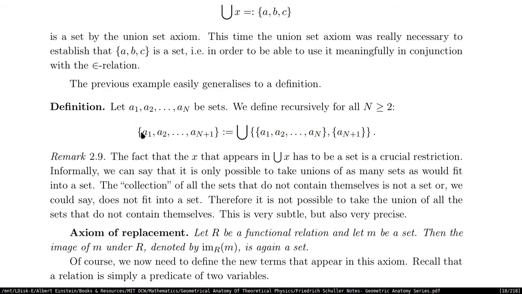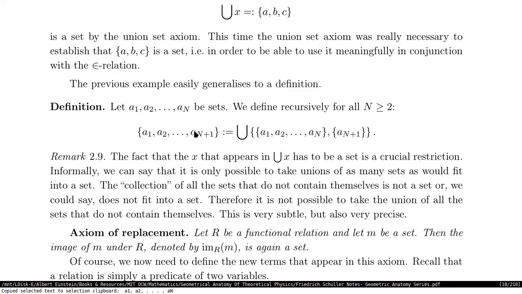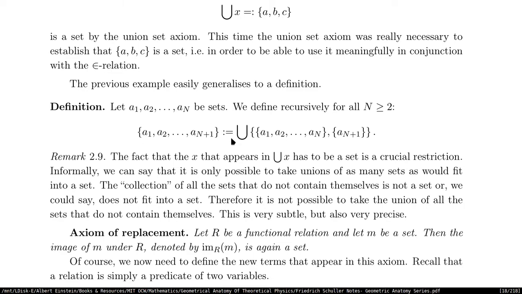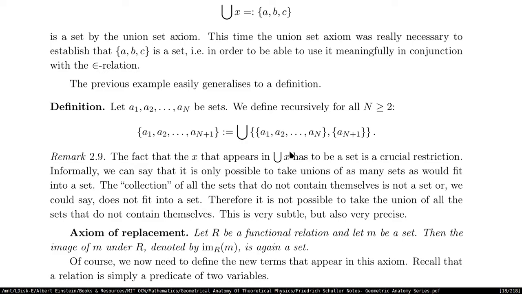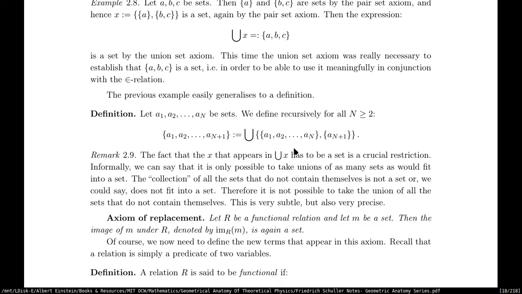So we have this set containing all the n sets with n plus 1 as well. So this set can be defined as the union of this set with this set. So this is how the union works. You take two sets and then you can pair them to make a bigger set.